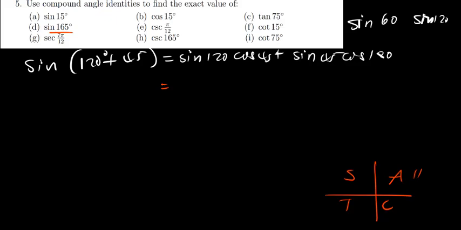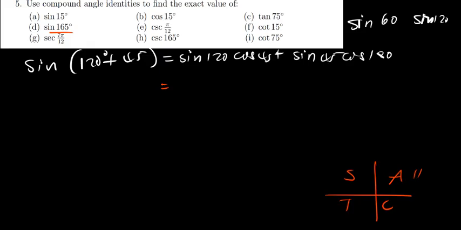So we can continue doing that. Let's see. Sine 120 is in the second quadrant, and in the second quadrant sine is positive.